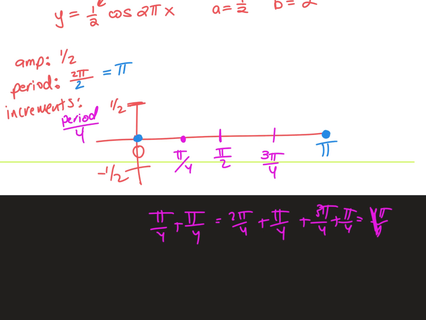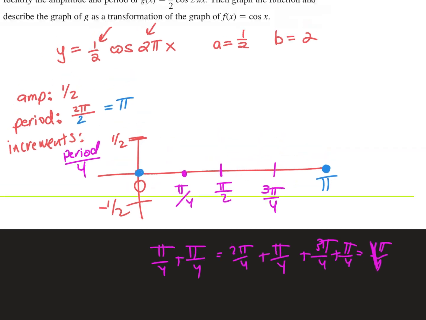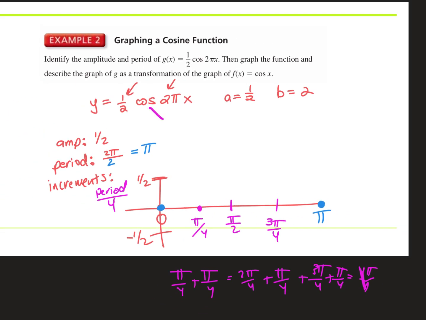So now let's talk about how we graph this. If I have a cosine graph, where do I start, at 0 or the amplitude? The amplitude, good. Is this a positive cosine graph or a negative one? It's a positive one. So I'm going to start at the amplitude of positive 1/2 or negative? Positive. If it was negative, I'd start down.